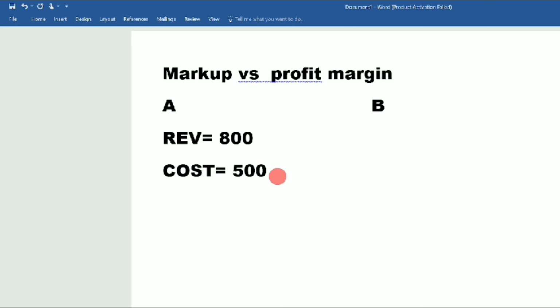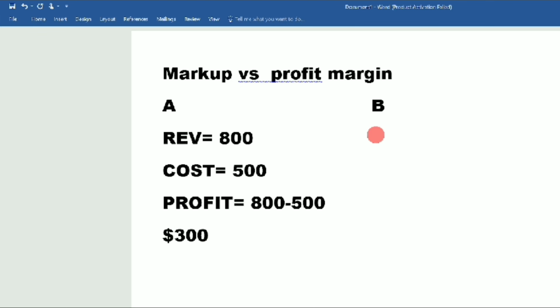So definitely the profit made by this business will be revenue, which is 800, minus cost, which is 500, and that profit will be 300.